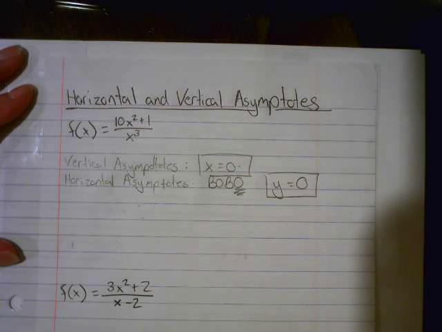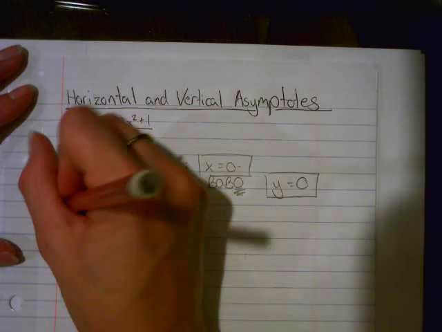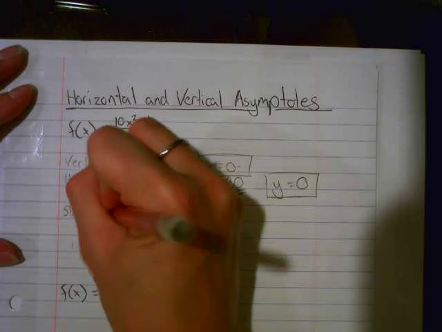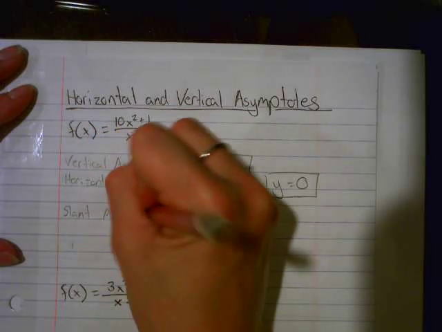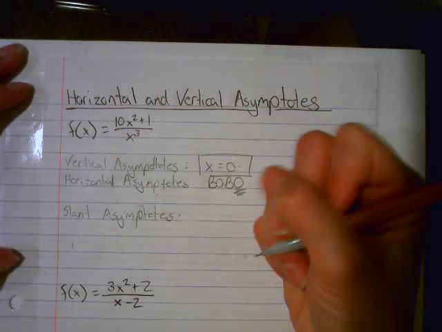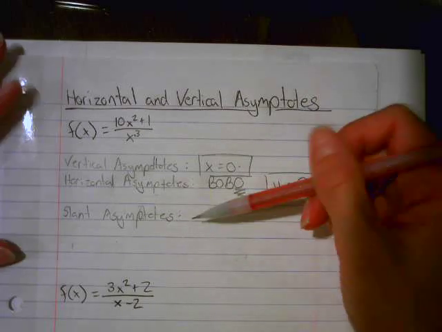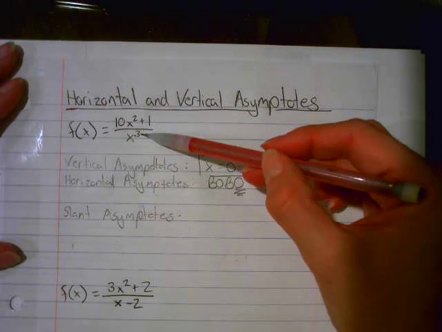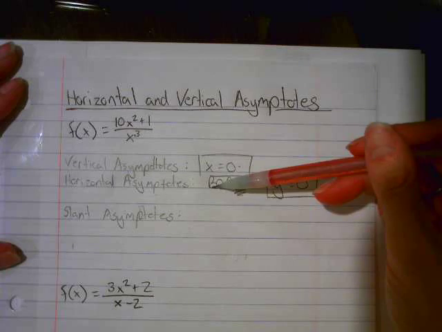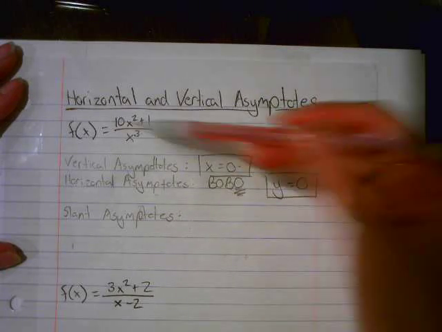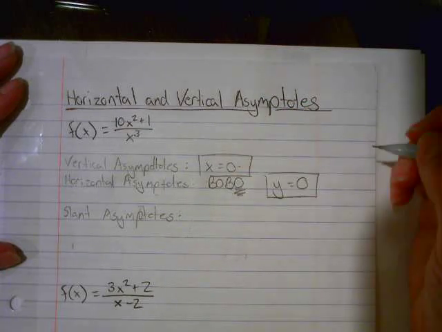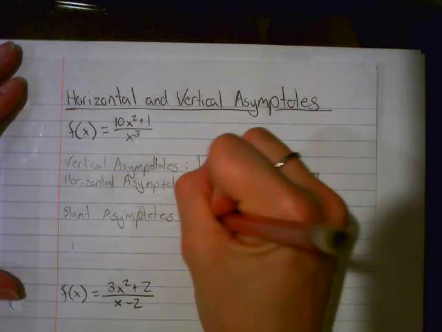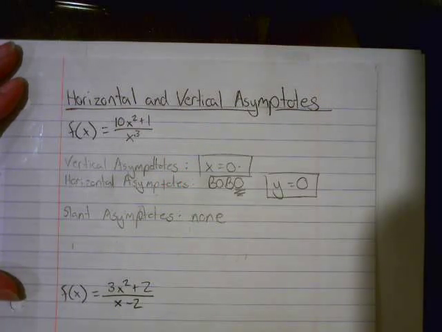Alright, let's talk about whether there's going to be any slant asymptotes or holes just by thinking about it. Our rule for slant asymptotes is that we can have a slant or oblique asymptote anytime the degree of the top is 1 more than the bottom. But we already said that the bottom is bigger, so the top is definitely not bigger by 1, so there's going to be none for slant asymptotes.